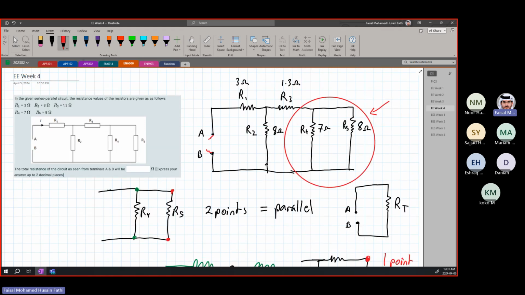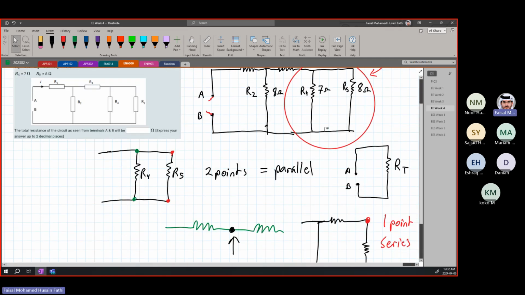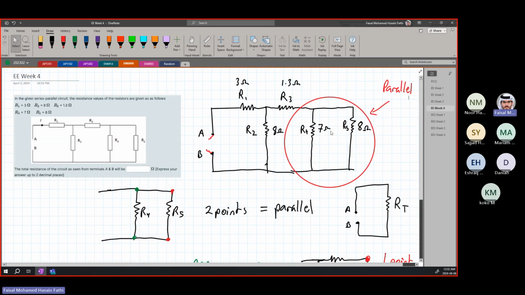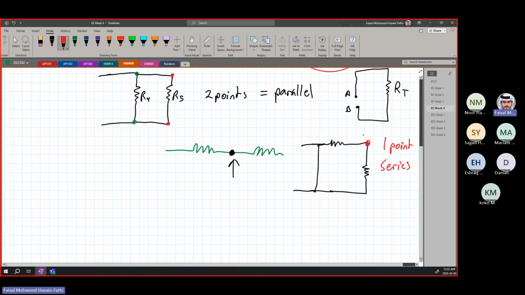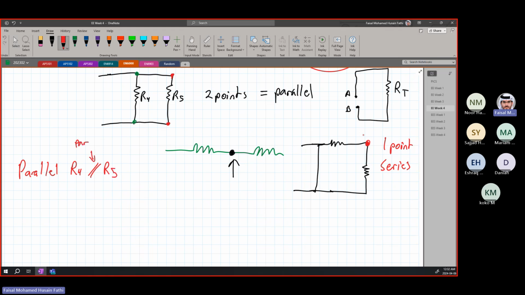So we know now that these are in parallel. So now we are going to solve just for these two. We will focus on these two and reduce them. So, parallel R4 and R5. This symbol means parallel; in electrical engineering, usually when we do this we mean parallel. Alright. So the equivalent resistor of R4 and R5 we call R45.